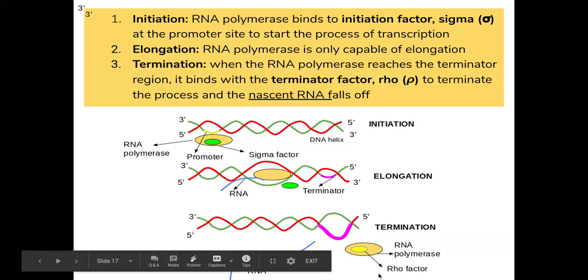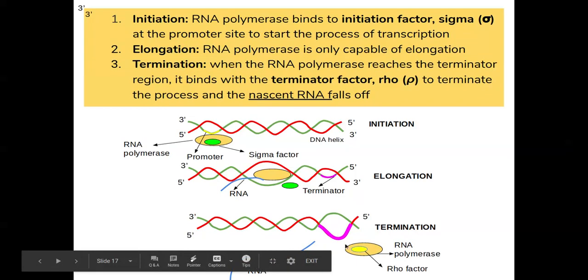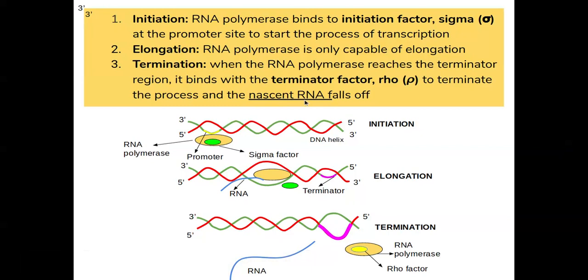For termination, it requires the Rho factor. When the polymerase reaches the terminator along with the Rho factor, it will terminate transcription, and the newly formed RNA, called the nascent RNA, will fall off. Nascent refers to newborn, so it falls off. So these are the three steps in transcription.